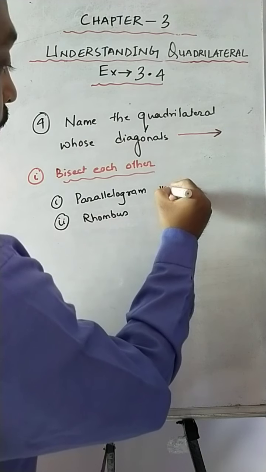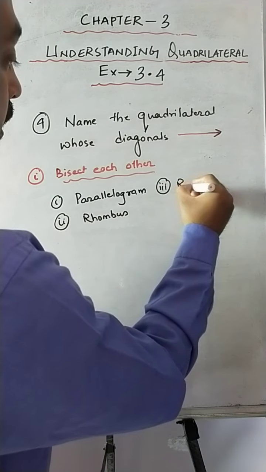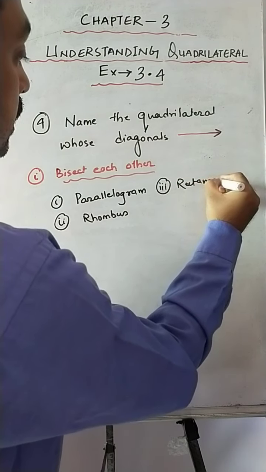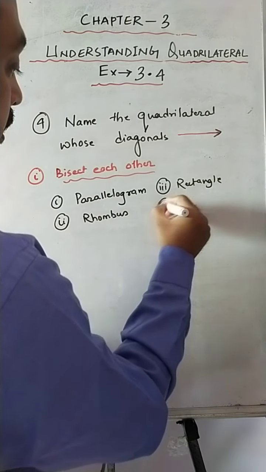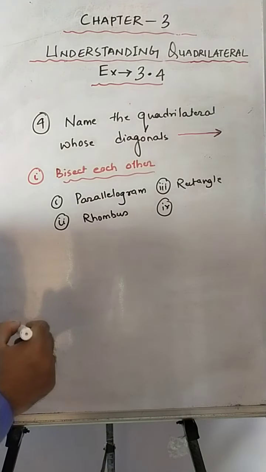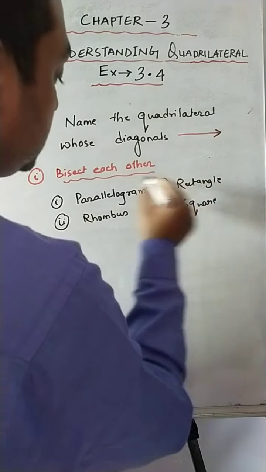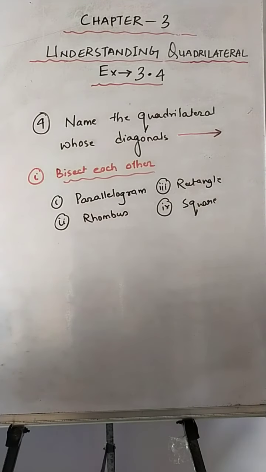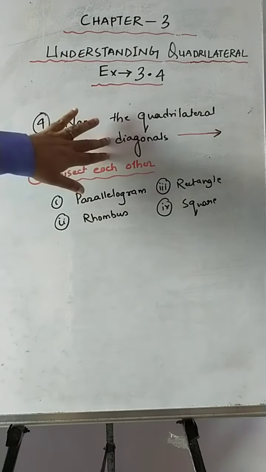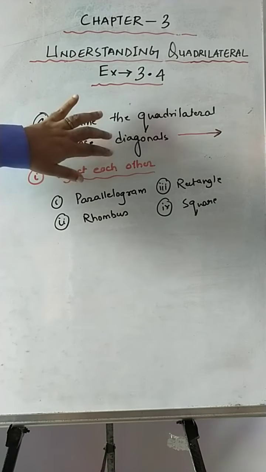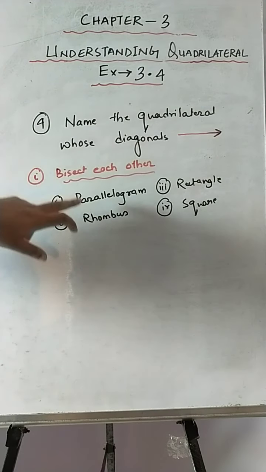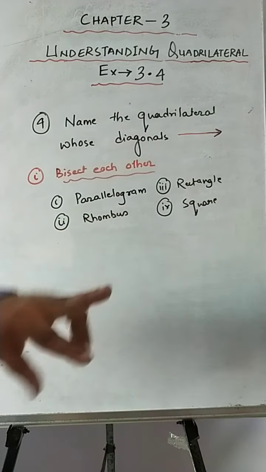Number 3, rectangle. In a rectangle also we see this property, and there is another quadrilateral, that is square. So these are the names of the 4 quadrilaterals where you will see this property happening. In each of these cases the diagonals bisect each other.